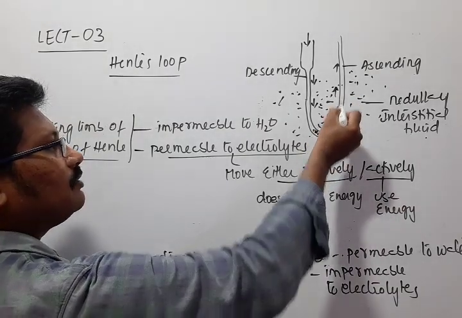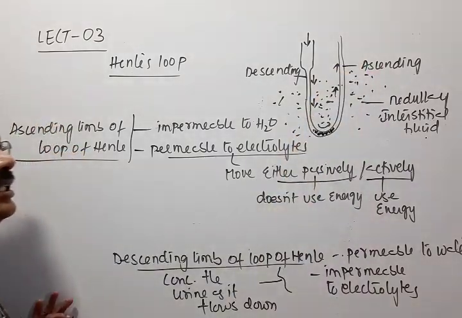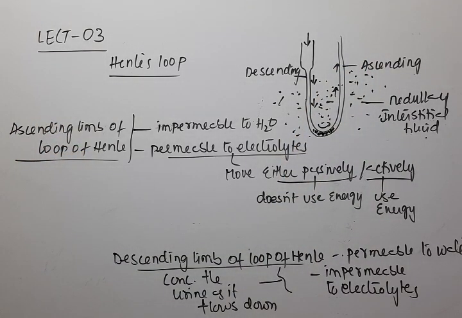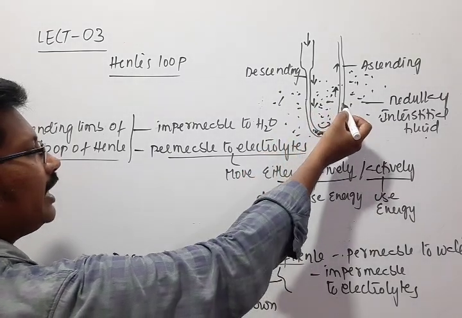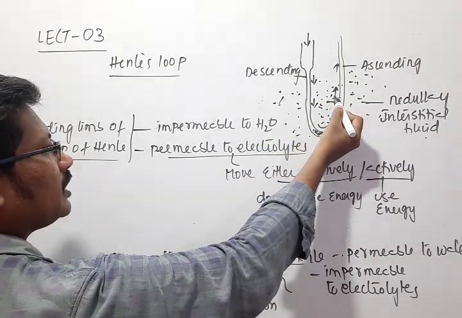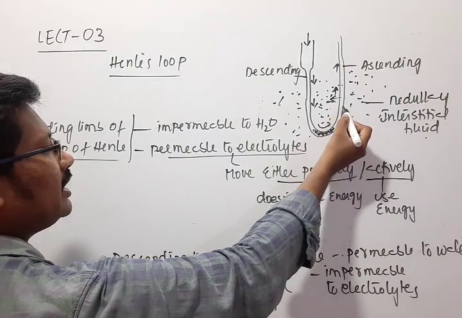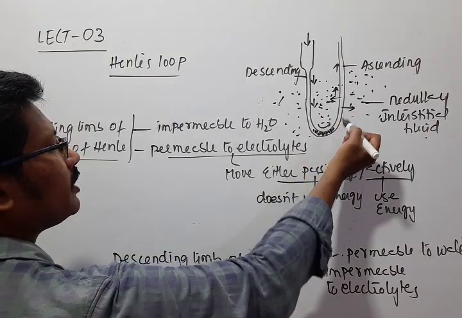And as it moves up in the ascending limb, it gets diluted due to the passage of electrolytes from the limb into the medullary interstitial fluid.